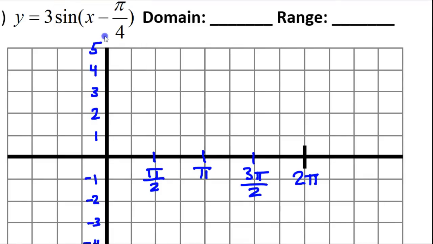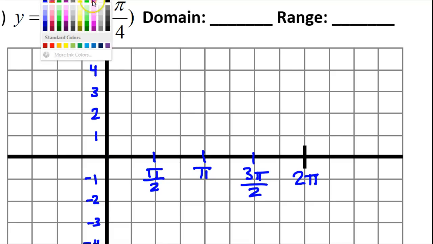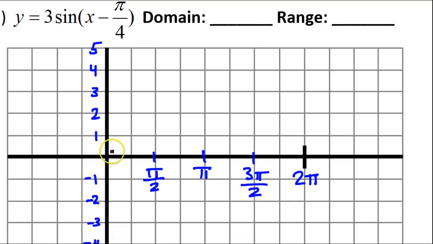The sine function starts at the midline. Now actually, let me switch over to my skeleton color. We are not going to do the phase shift yet. So for the moment, I'm going to ignore this. And I'm just going to do 3 sine x. That's all.